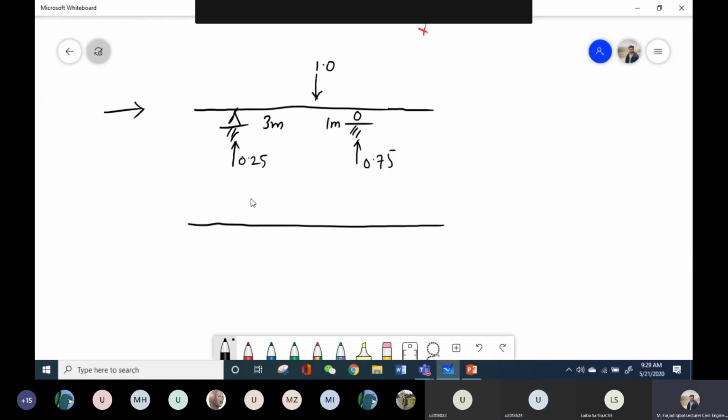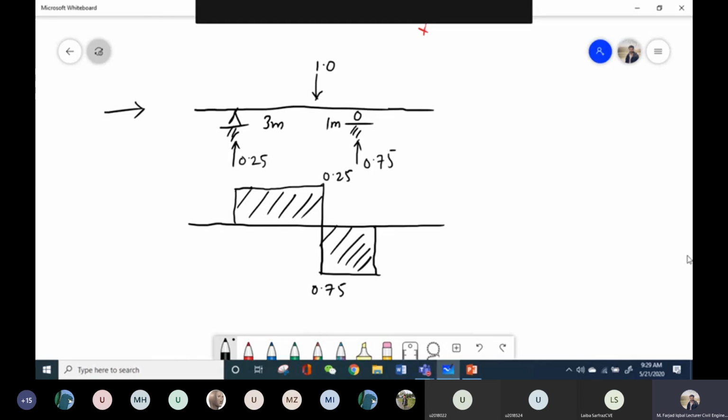So now when I plot the shear force diagram, it will be something like this one. So this value is 0.25, this value is 0.75, and at these two ends there won't be any shear force.